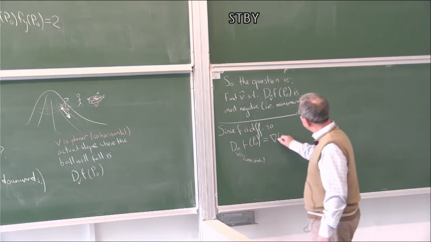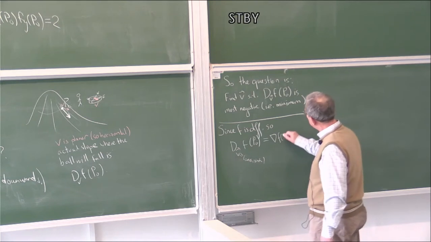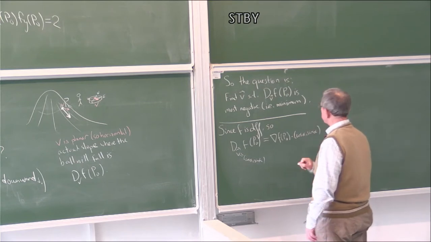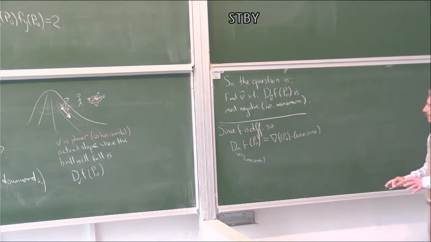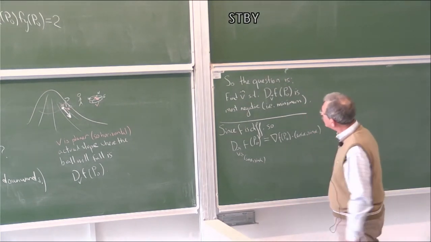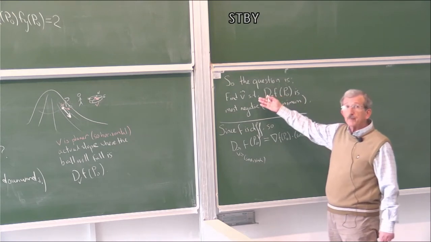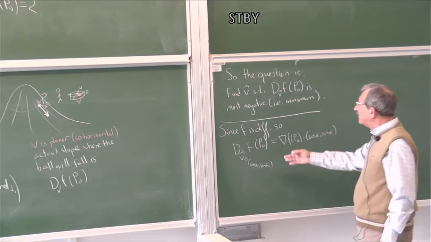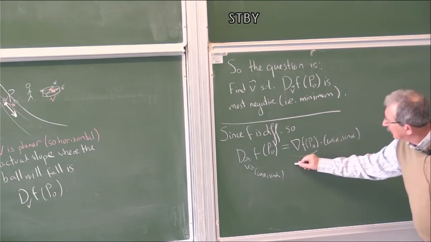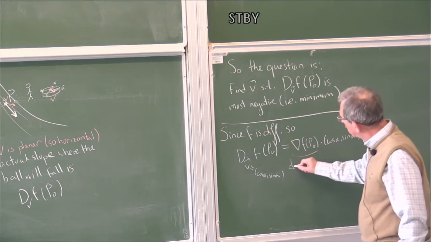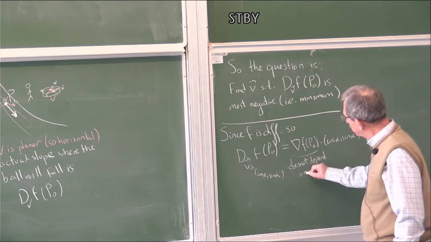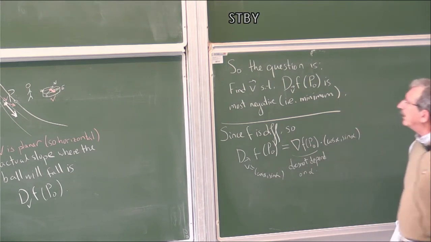This is the gradient of f at P0 dot (cosine alpha, sine alpha). We want this to be minimum. What's the variable? The variable, of course, is V, the direction. We are looking for the direction, but that means alpha. So here, this is a constant. It does not depend on alpha. And alpha is the only variable.